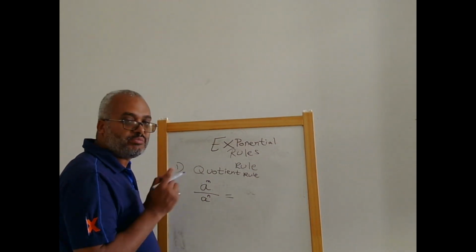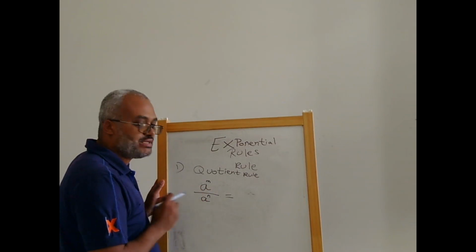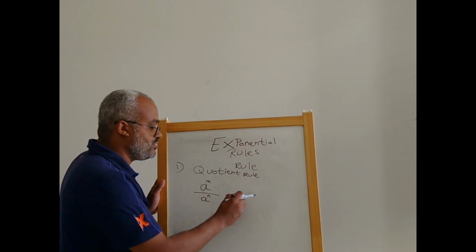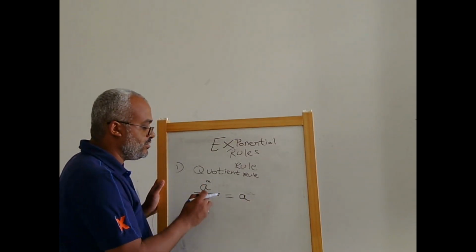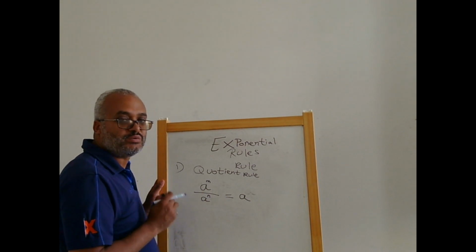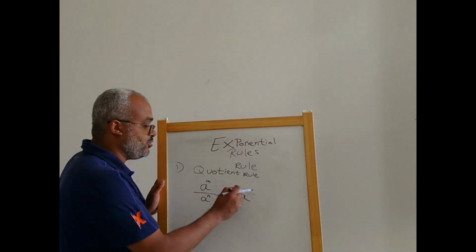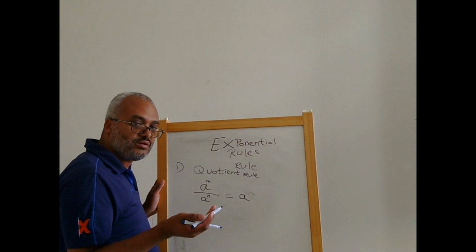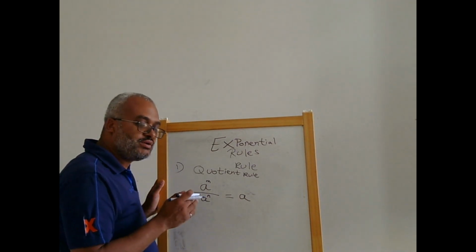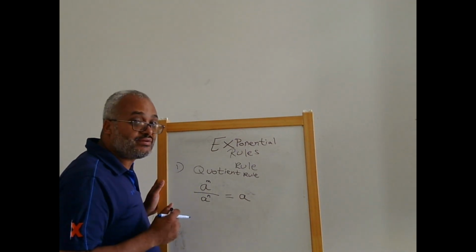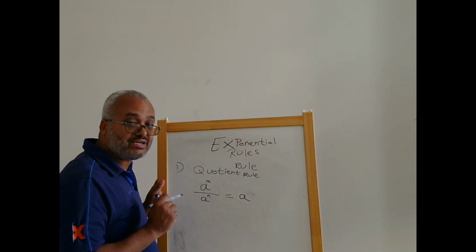So we take one base, it's the same base. So in this case, it is A. Now, m and n. So what do we do with m and n? Product goes with multiplication. So quotient goes with, that's right, subtraction.